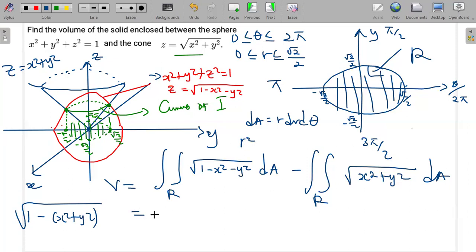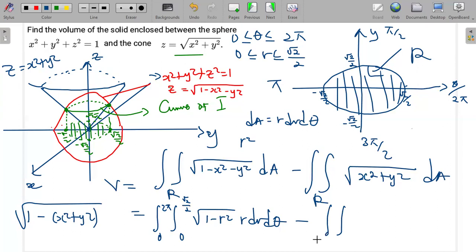Now the region, we can put the limits according to polar coordinates: 0 to 2 pi, 0 to root of 2 over 2, and this one will be the square root of 1 minus r squared, and the dA has become r dr d theta, minus, over this same region, 0 to 2 pi, 0 to root of 2 over 2, and here x squared plus y squared is basically r squared.